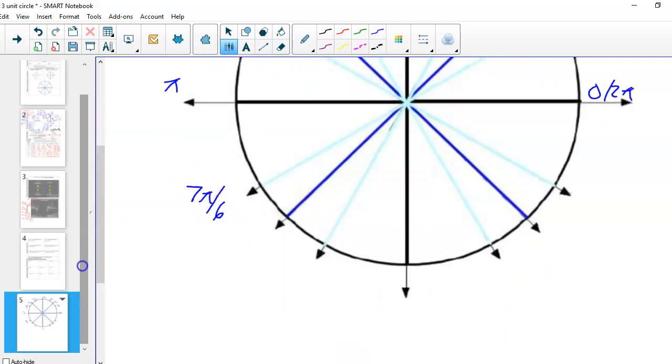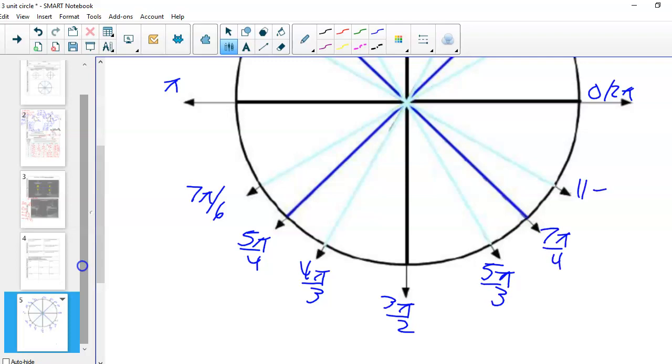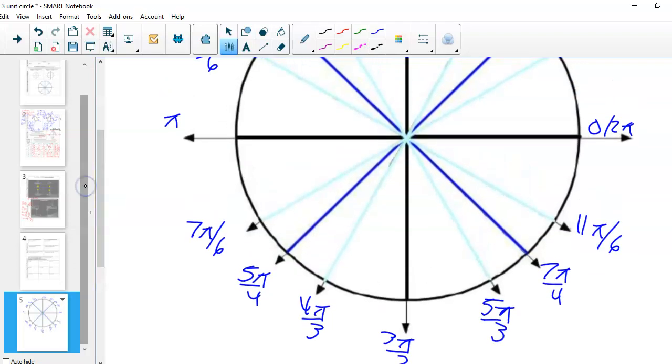We all know this. 4 pi over 4 pi 3. over 3. Hold on, guys. I can only write so fast. 4 4 pi over 3. 3 pi over 2. 5 pi over 3. No. 5 pi over 3. 7 pi over 4. 11 pi over 6. Wow. 2 pi. You don't say.